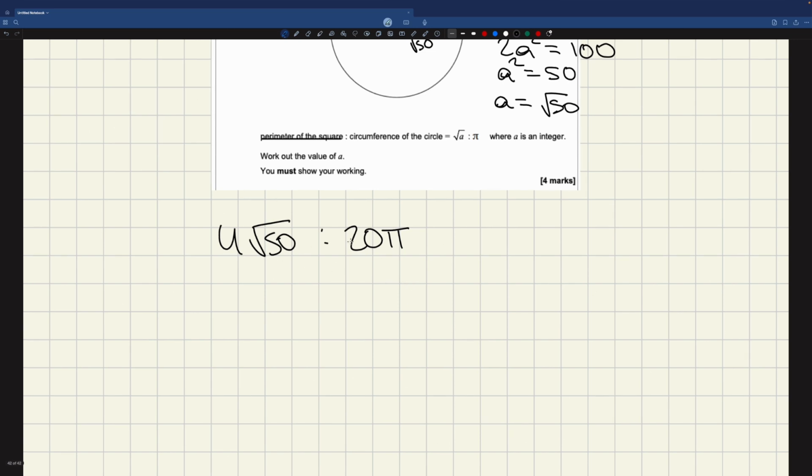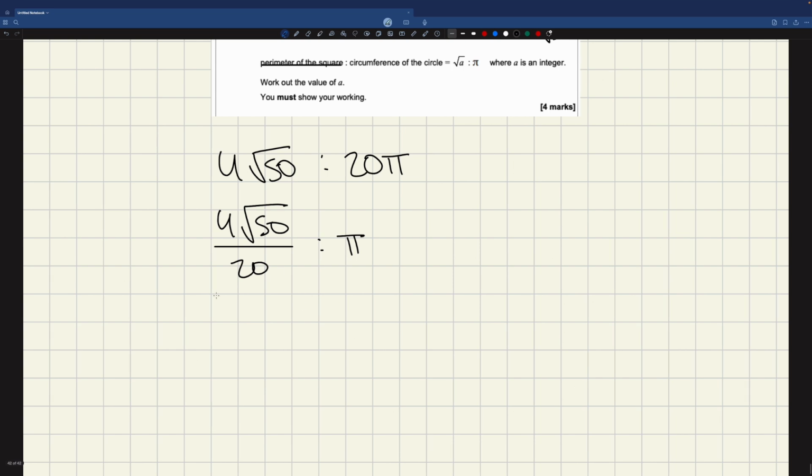Let's go. Okay, so first of all, we need to divide everything by 20. It's pretty self-explanatory. So 4 square root 50 divided by 20 is proportionate to pi. Nice. Now we get square root 50 divided by 5 proportionate to pi.